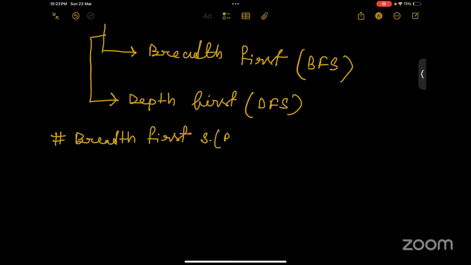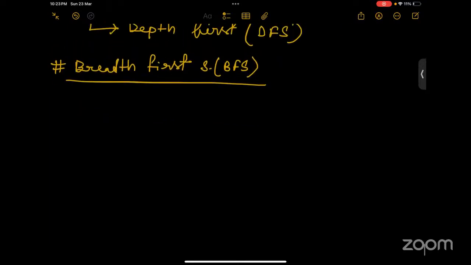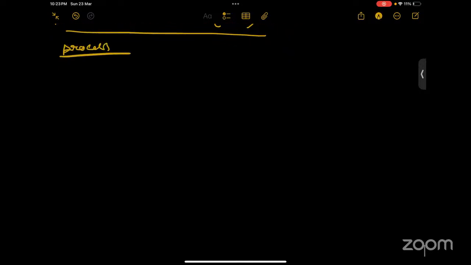So this is basically the BFS process. First we can assume our set of all vertices as 0, 1 to n minus 1.